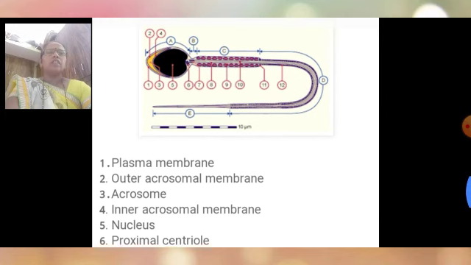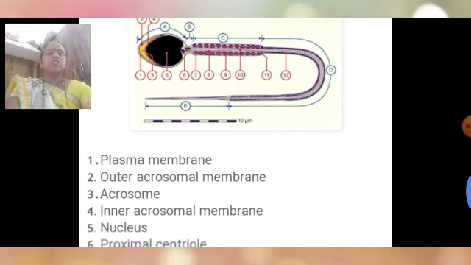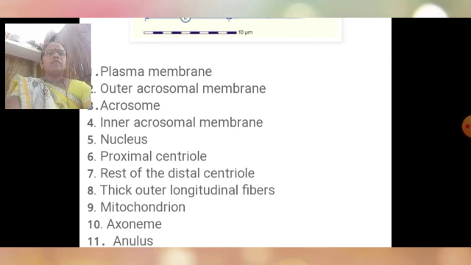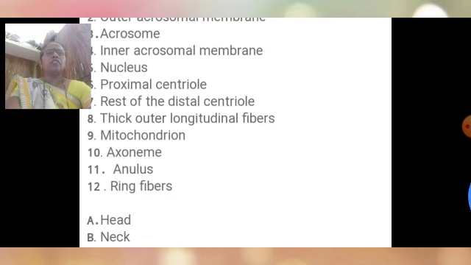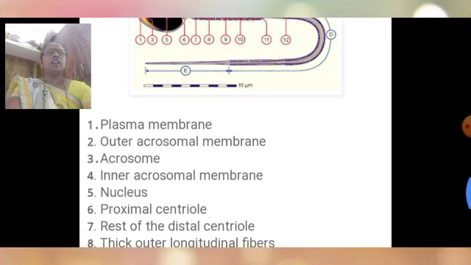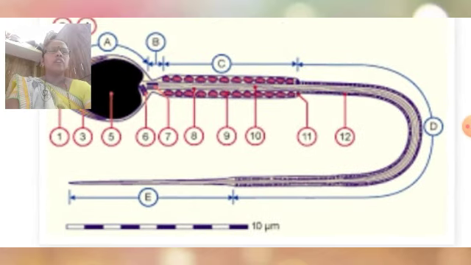First is the plasma membrane, second is the outer acrosomal membrane, third is the acrosome, fourth is the inner acrosomal membrane, fifth is the nucleus, sixth is the proximal centriole, seventh is the distal centriole, eighth is the thick outer longitudinal fibers, ninth is the mitochondria, tenth is the axoneme, eleventh is the annulus and twelfth is the ring fiber.